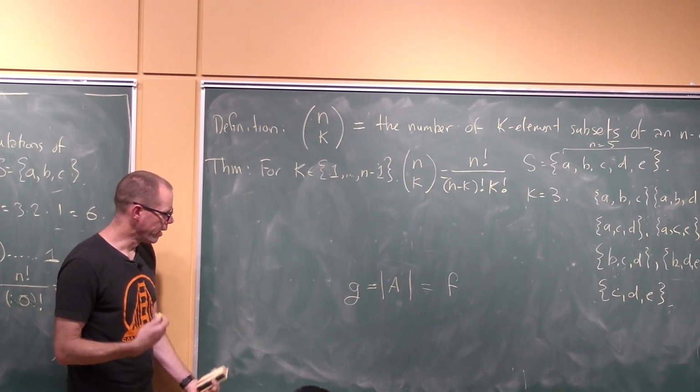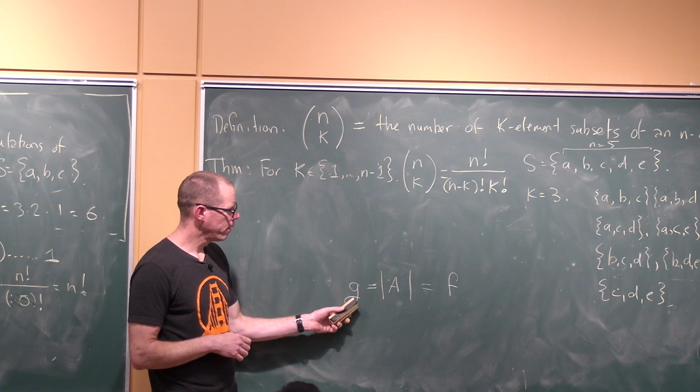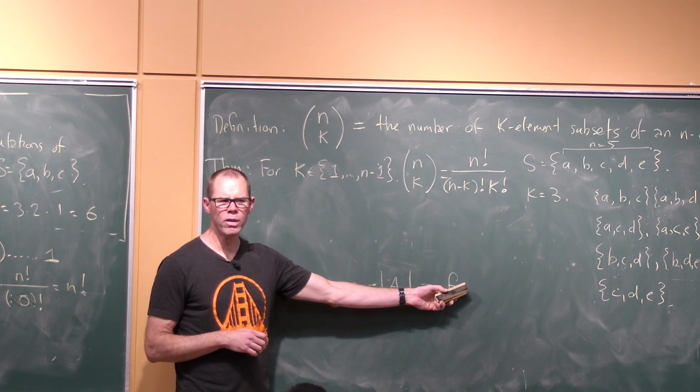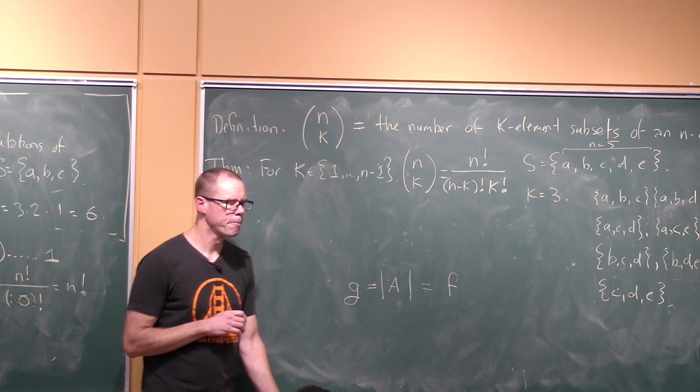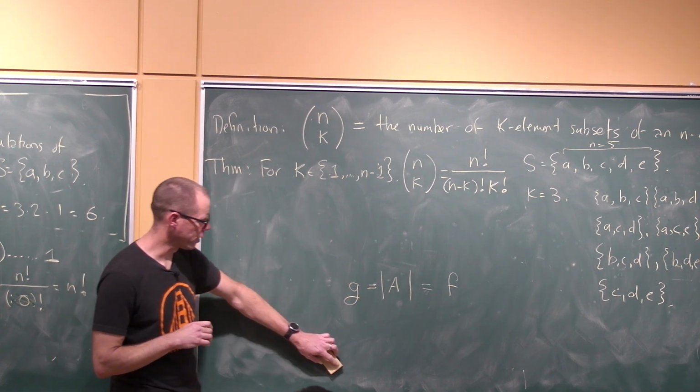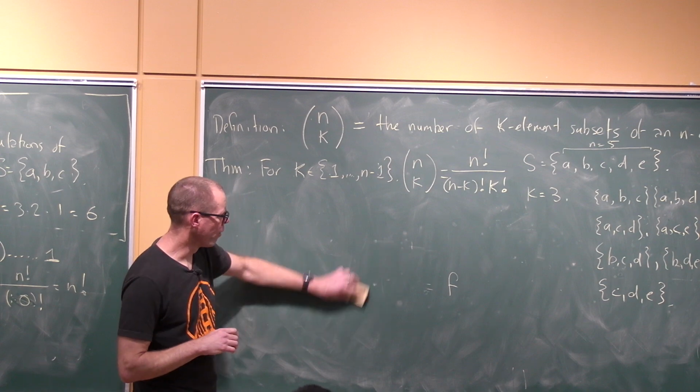And what you then learn is that G is actually equal to F, even though those two formulas maybe don't look alike at all. It's a really useful trick in combinatorics, and we'll use it now.